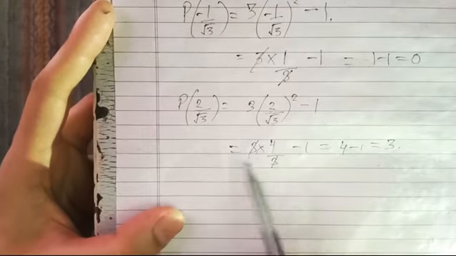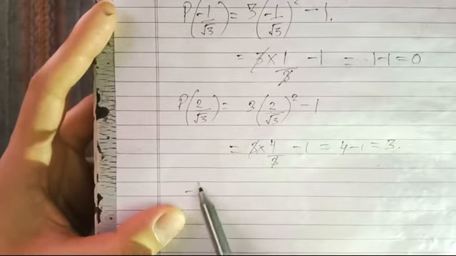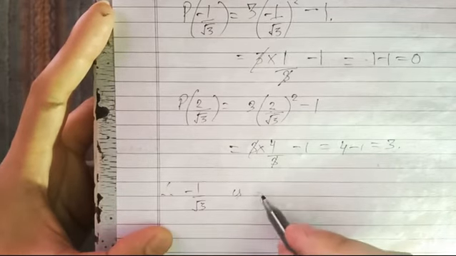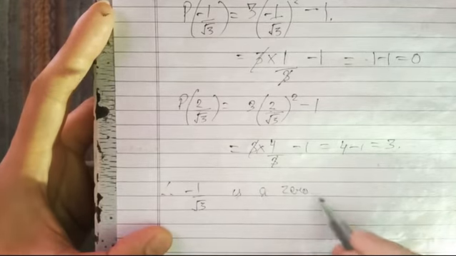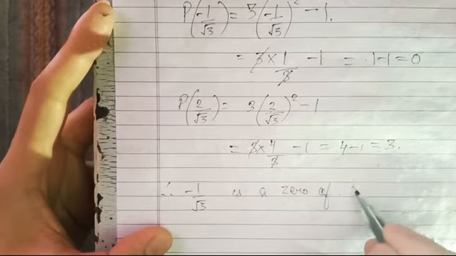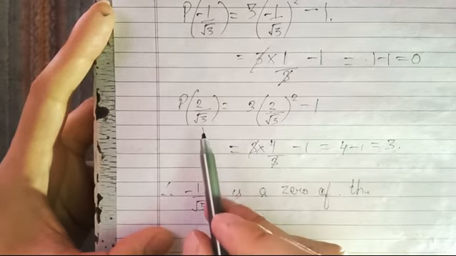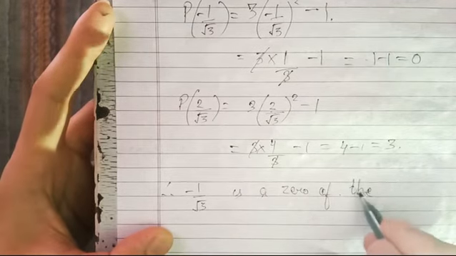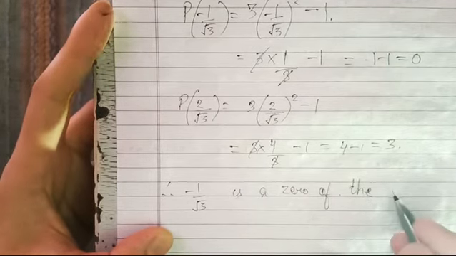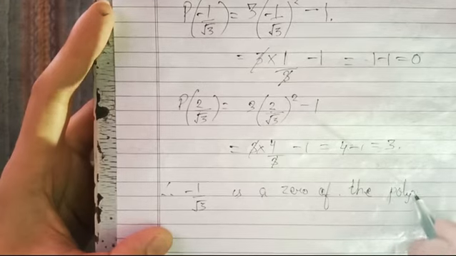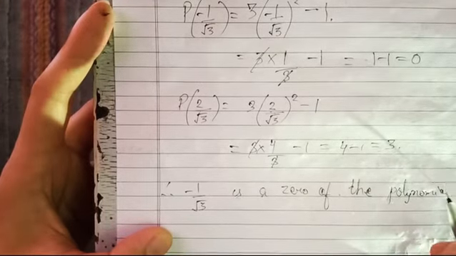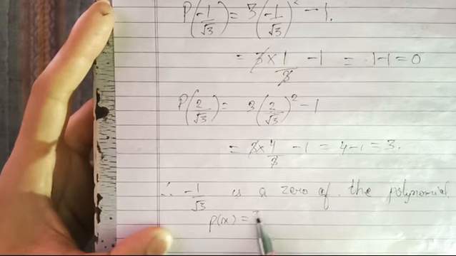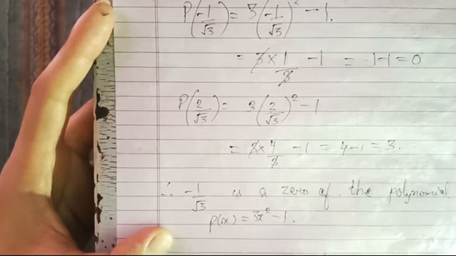So we can say that minus 1 upon root 3 is a 0 of the polynomial, but 2 upon root 3 is not a 0 of the polynomial. So we'll write minus 1 upon root 3 only is the 0 of the polynomial. Which polynomial? P(x) is equal to 3x square minus 1.